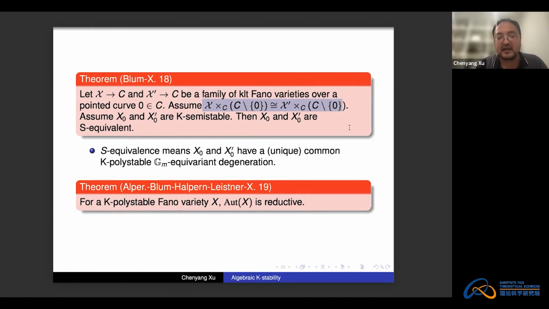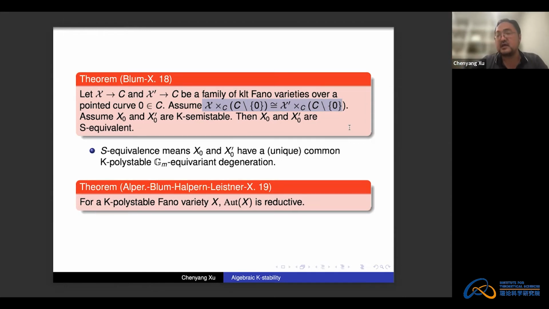So X_0 and X_0 prime are not isomorphic right on the nose. But we show they are S-equivalent. If you are familiar with the moduli of vector bundles, you know for vector bundles this is also the case: if I have a family of semistable vector bundles, I might have two different semistable fillings, but they have the same S-equivalence class.